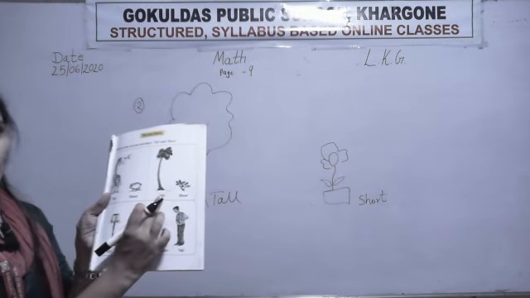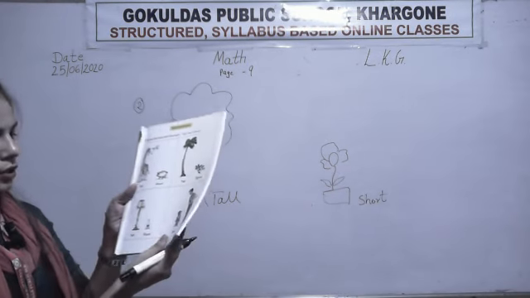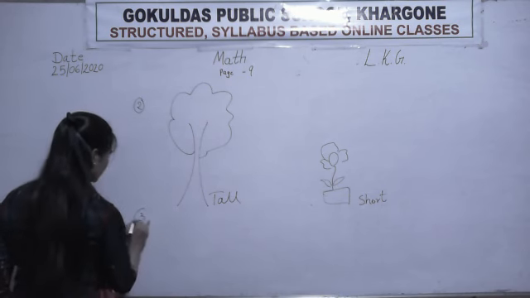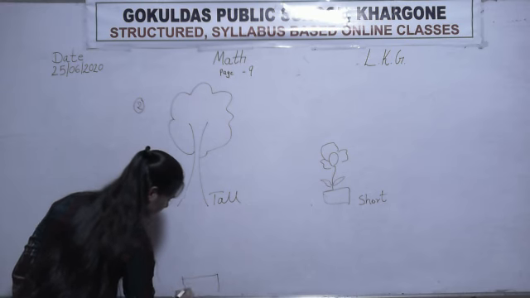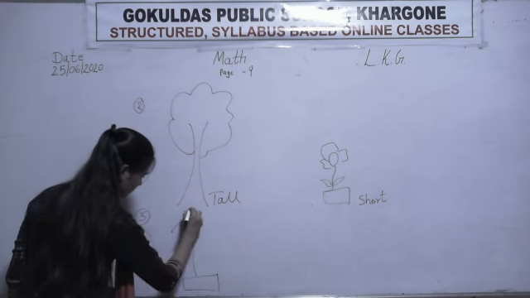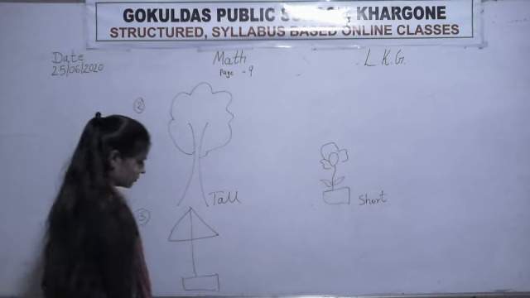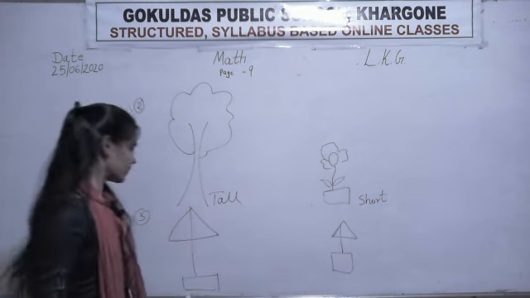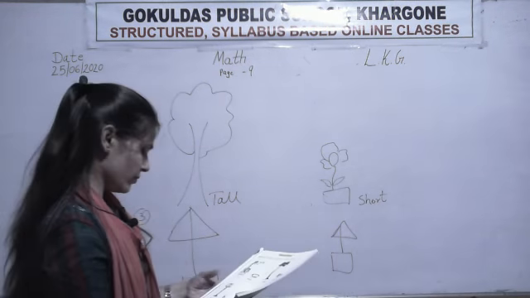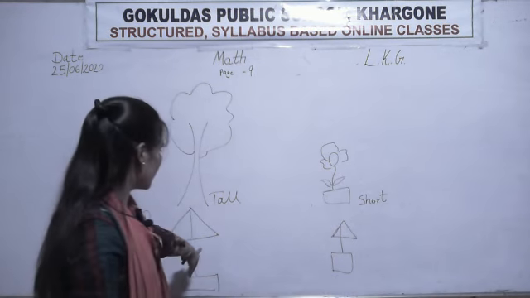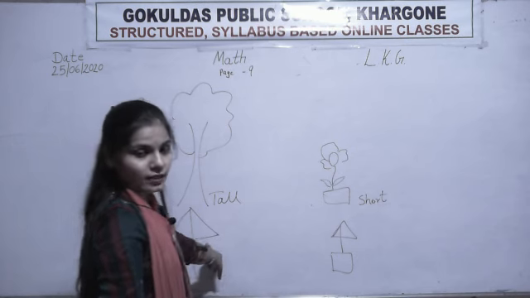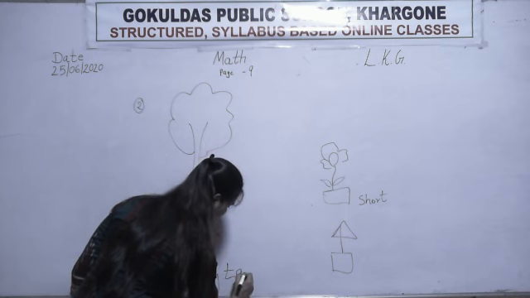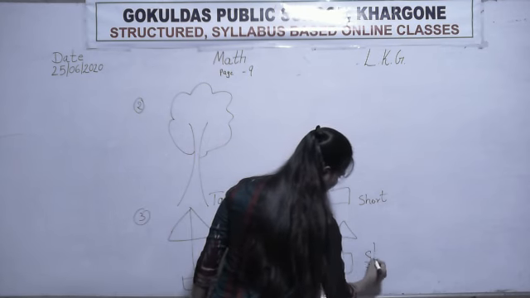Here tall, short. Okay. Now next example is, okay. Two lambs are there. Okay. Which one is tall and which one is short? This one is taller and this is the short one. So tall and short.